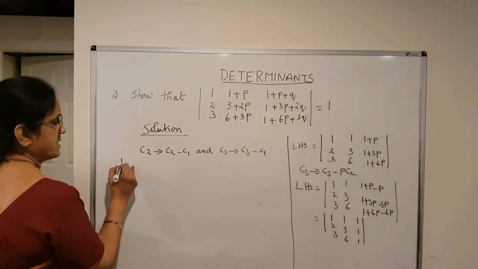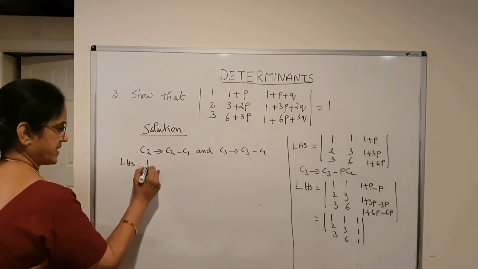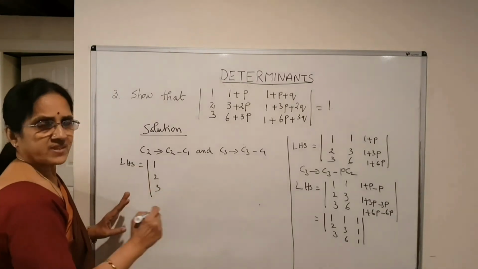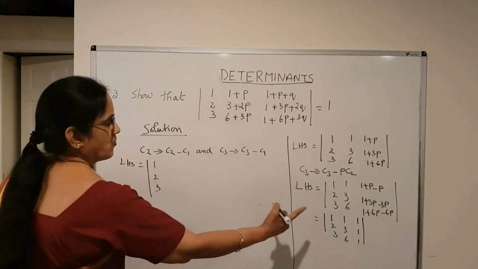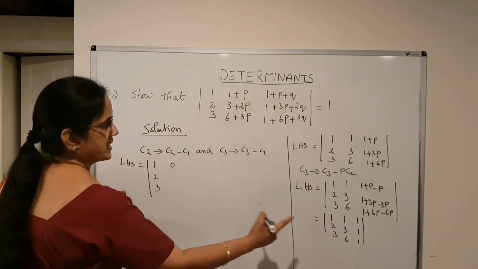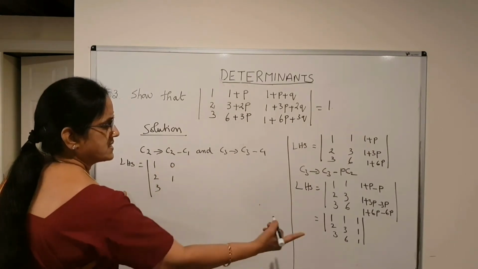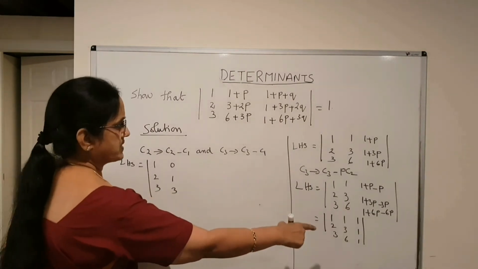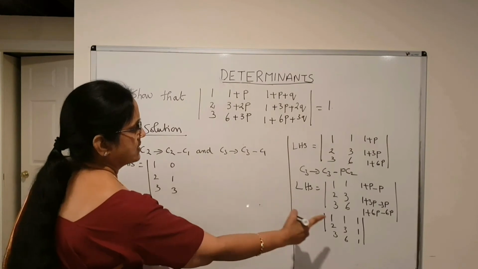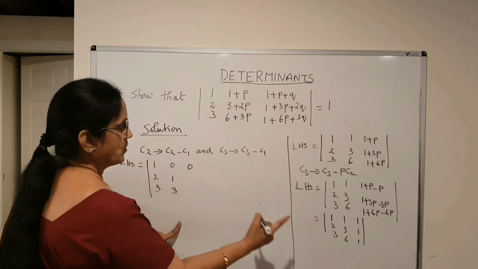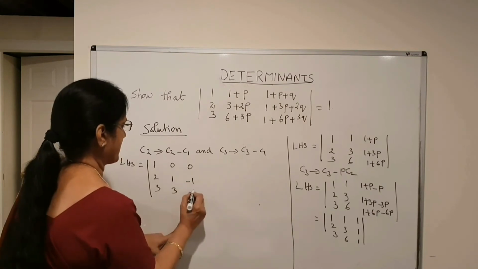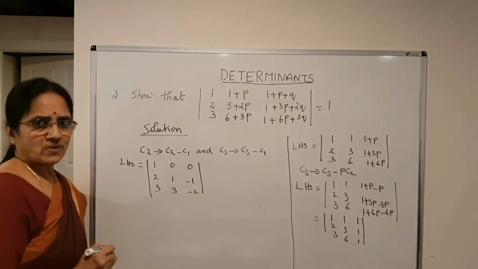I will be getting LHS determinant equal to, first column will remain the same. Second column, 1 minus 1 is 0, 3 minus 2 is 1, 6 minus 3 is 3. Then coming to C3, it is C3 minus C1. So 1 minus 1, 0, 1 minus 2, minus 1, 1 minus 3, minus 2. This is what I am getting.